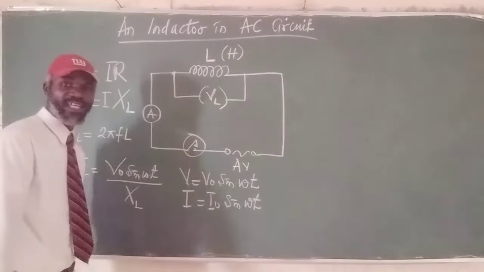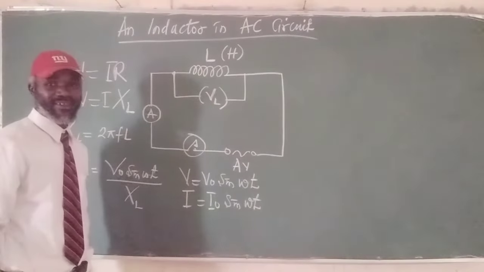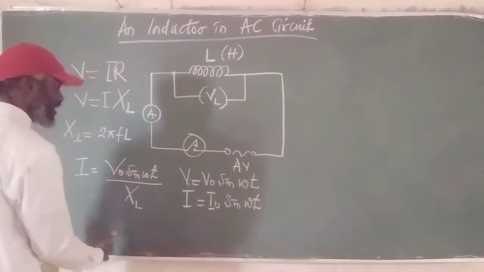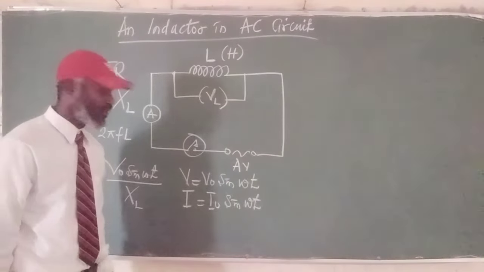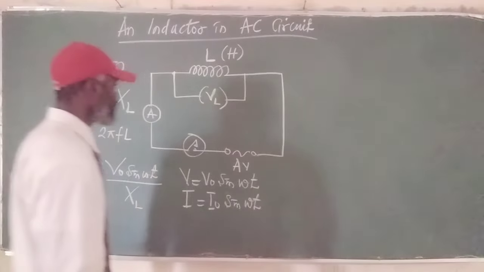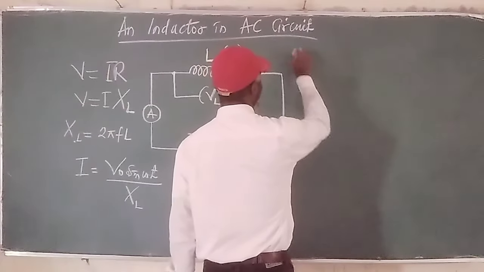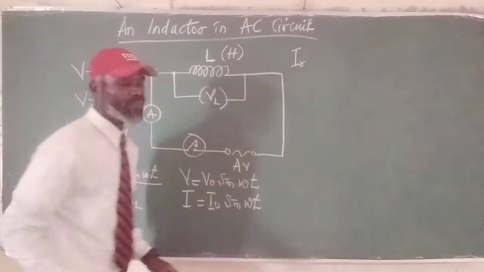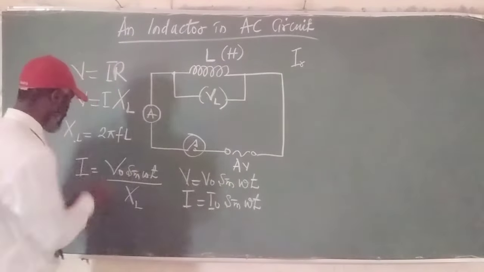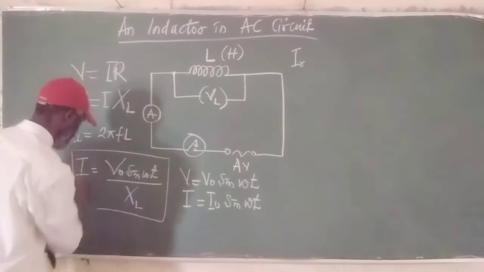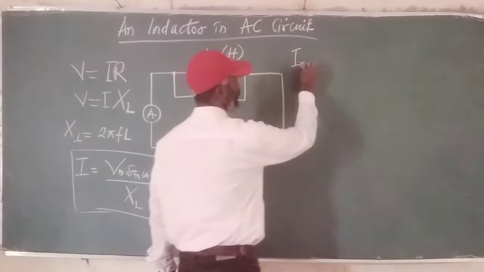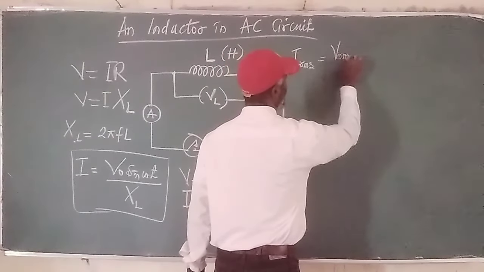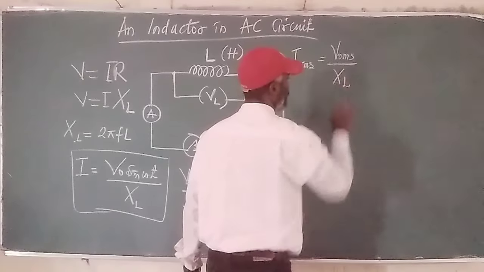So with this, we can find the current flowing through it. The current in terms of root mean square remains the same form: I RMS equals V RMS all over XL.